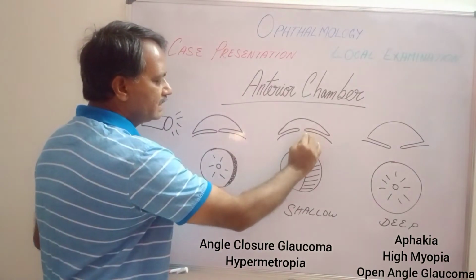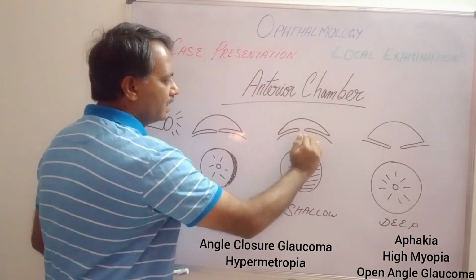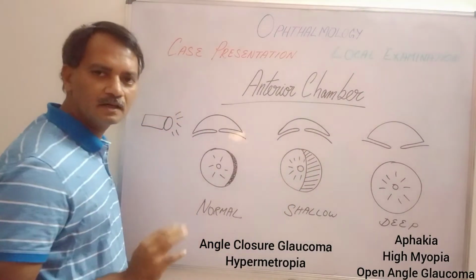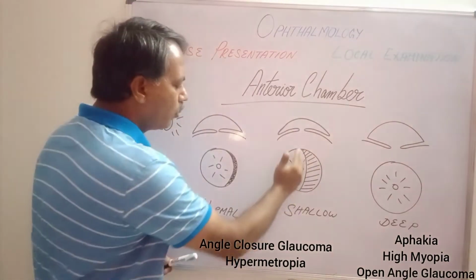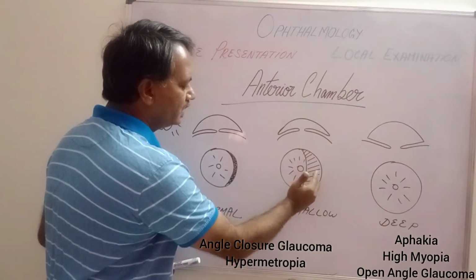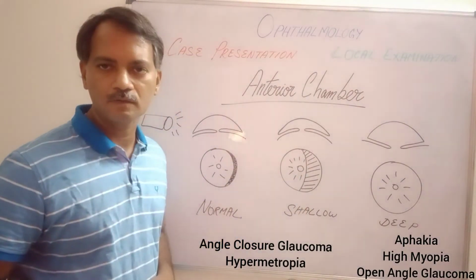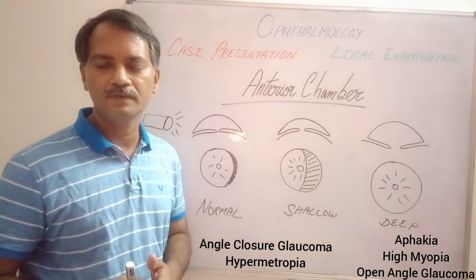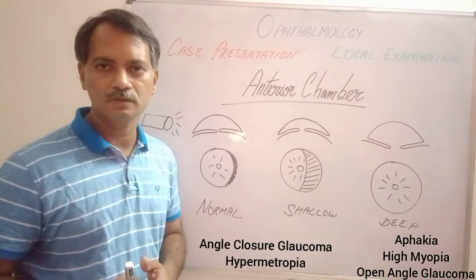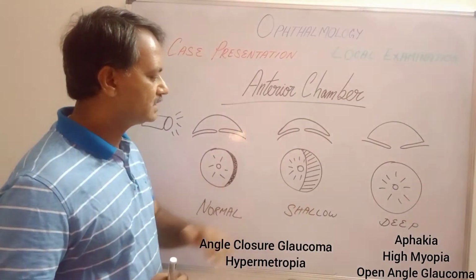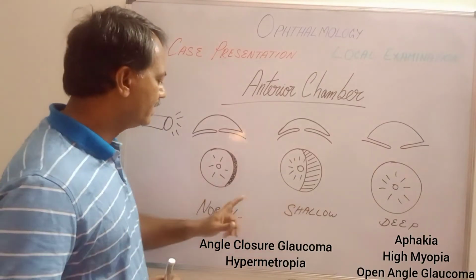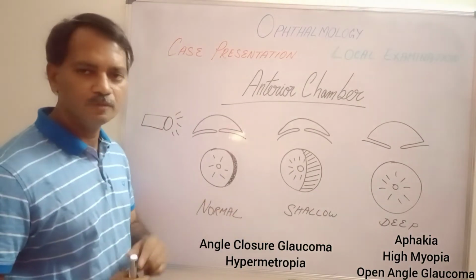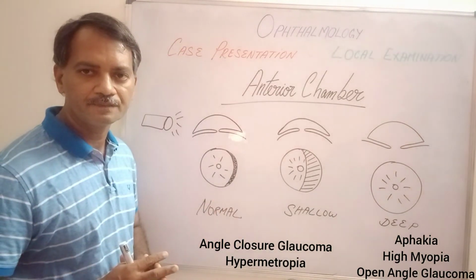Because the nasal side of the iris is somewhat directed away from the light, more than 1/4 of the iris will have a shadow. Sometimes it can be up to half the diameter of the iris also. If there is such a big shadow, unlike the normal iris shadow I showed here, then it is said to be a shallow anterior chamber.